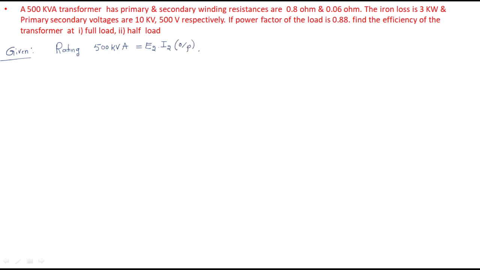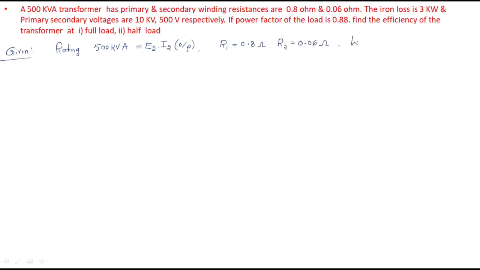The primary and secondary winding resistances are 0.8 ohm and 0.006 ohm. Primary winding resistance R1 is 0.8 ohm, and secondary winding resistance R2 equals 0.006 ohm.